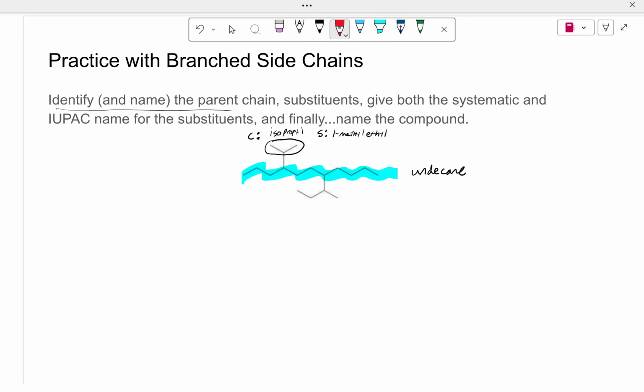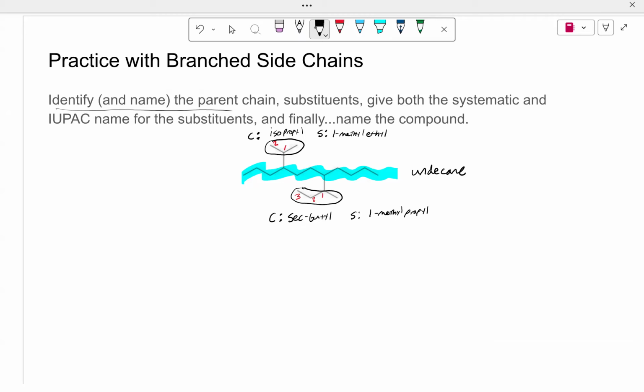So I would number it like this, 1, 2. Now this group down here, the common name would be sec-butyl. Its systematic name would be 1-methyl propyl.